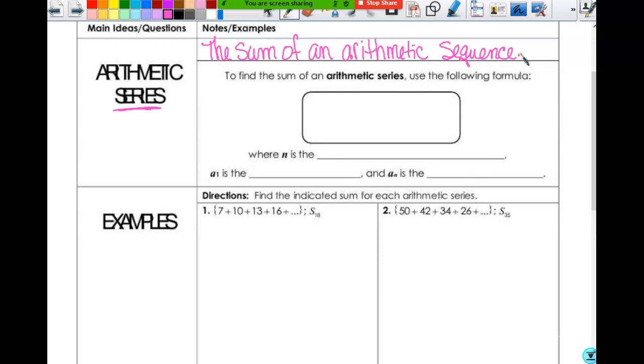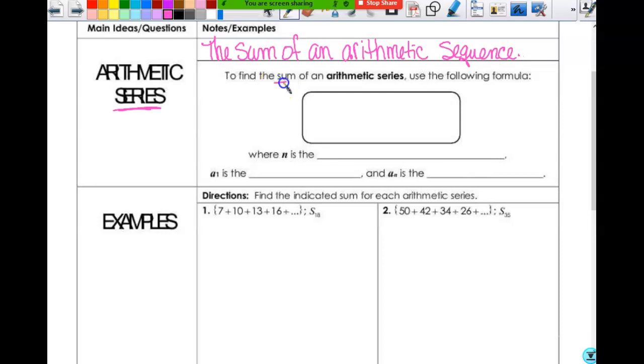Okay, and we're going to have a formula for that. And we're going to talk about Carl Gauss today and how he actually came up with this. And I wanted to show you a little video, and I completely forgot to actually get that up and going. So I'll either show you that tomorrow or the next day and explain to you where this came from. Today I'll just give it to you.